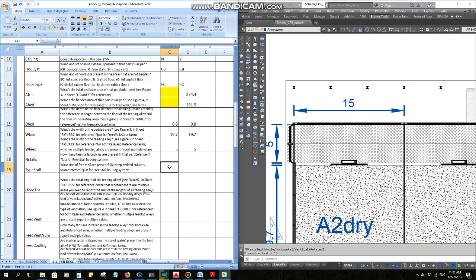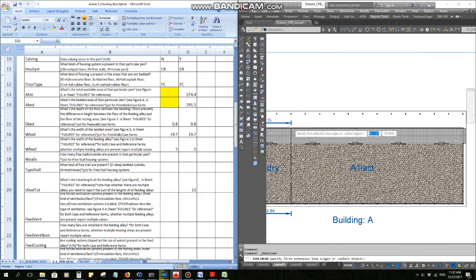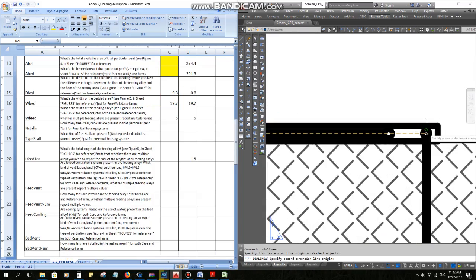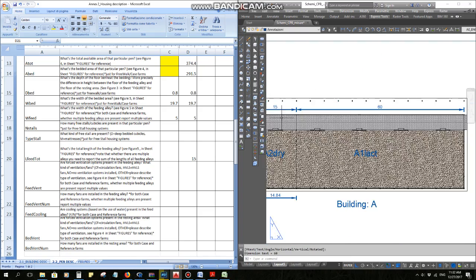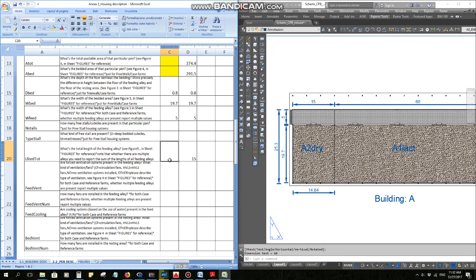So we're going to mark down the 15 meters. That's for pen 2. Well, let's take another measure for pen 1 just to see. So the length is going to be 60 meters. So 60 meters for the lactating cows and 15 meters for the dry cows. So let's mark down this 60 meters.